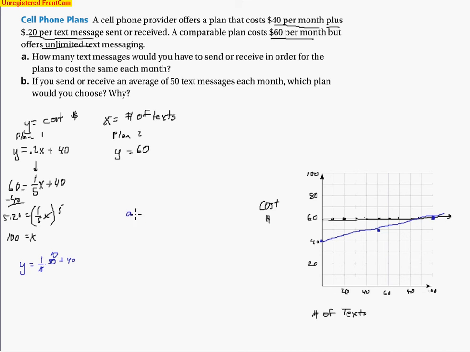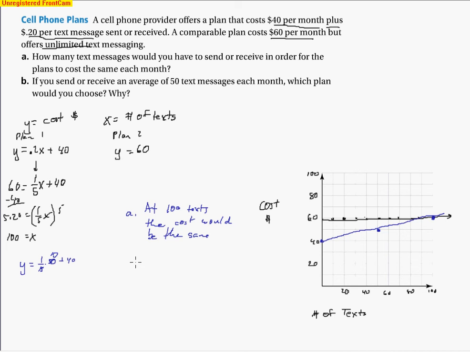So part A, at 100 texts, the cost would be the same. And then question B says, if you send or receive an average of 50 texts each month, which plan would you choose?